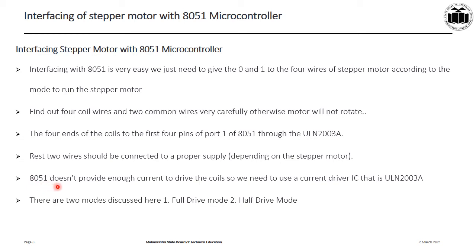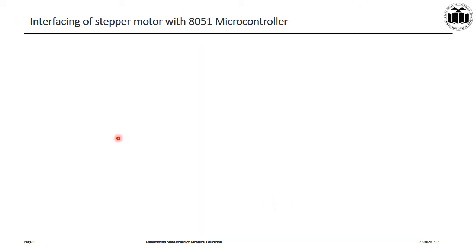8051, as we have discussed, does not provide enough current, so we are going to use driver IC ULN 2003. There are two modes we will be discussing in this presentation. One is full drive mode and the other is half drive mode. Let us sketch the interfacing of stepper motor with 8051.